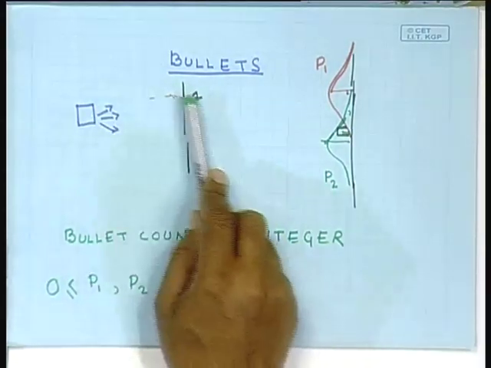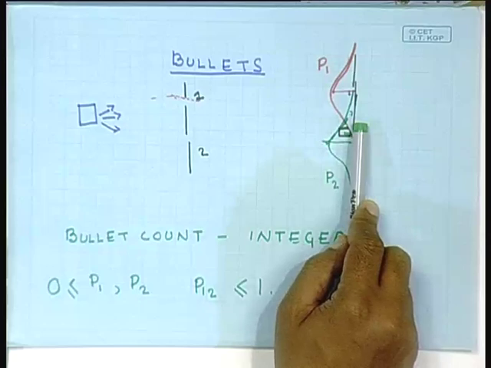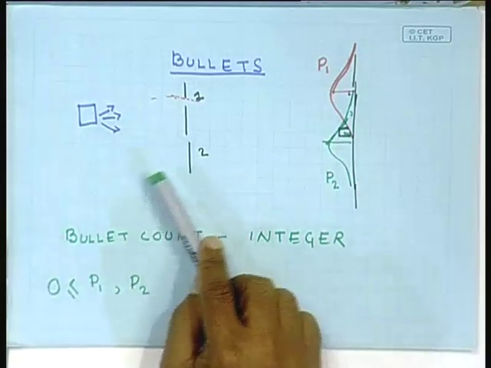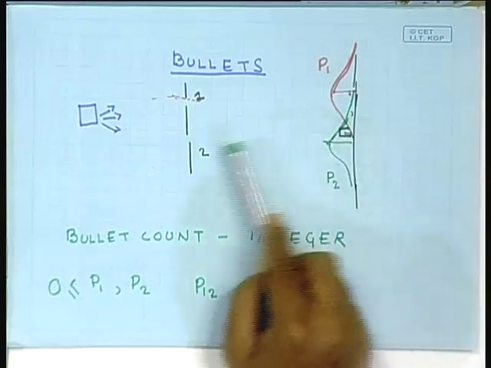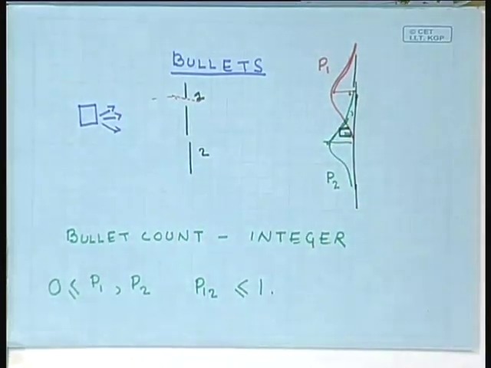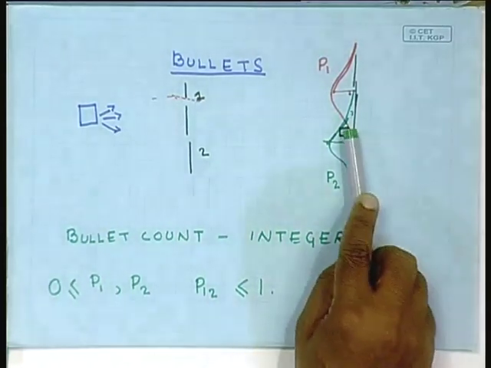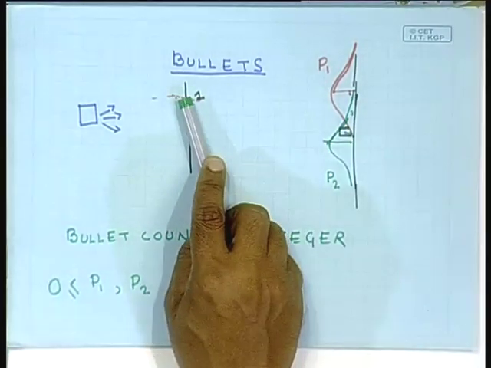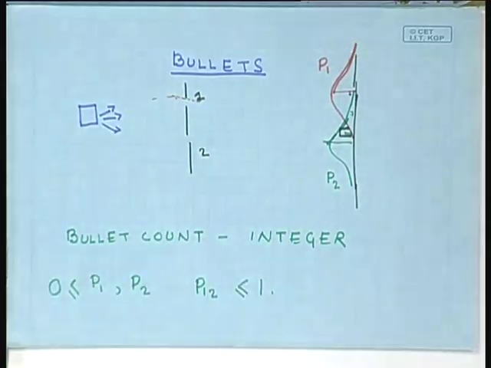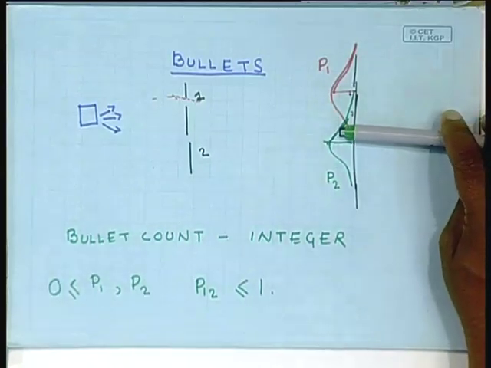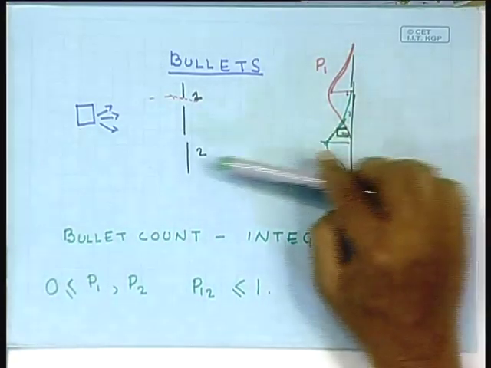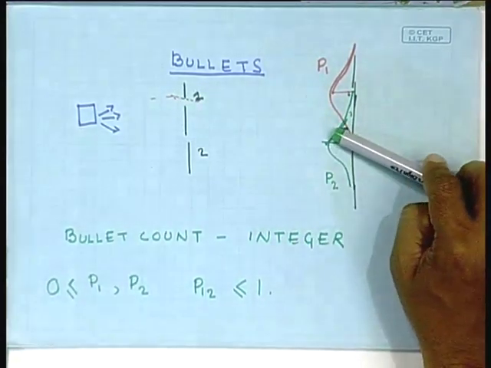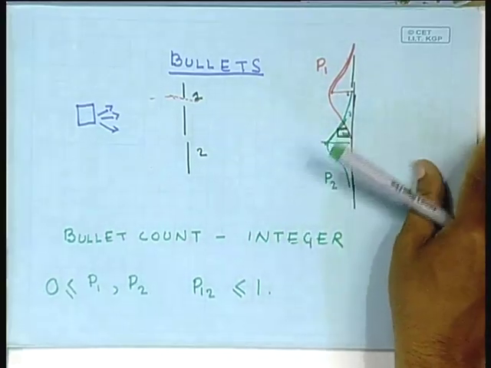So, there may be a bullet which goes through this slit and then comes to this point, or a bullet may arrive at this point on the screen through slit 2. So, if I record a bullet over here, it could have arrived either through slit 1 or through slit 2, and the total probability of finding a bullet at any point on the screen is the sum of the probabilities that it arrived either through slit 1 or through slit 2.